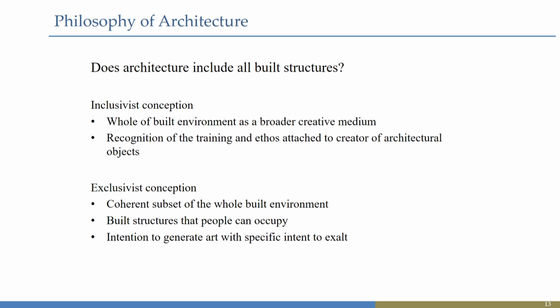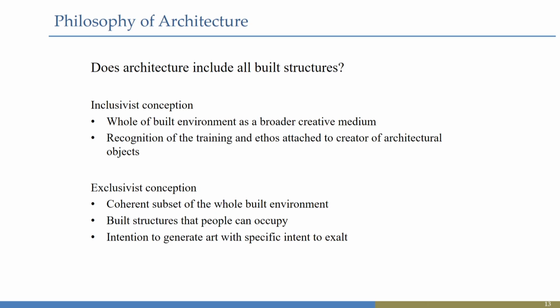So, there is an inclusivist conception and then there is an exclusivist conception. Exclusivist conception means that it excludes certain things: only a coherent subset of the whole built. The entire built environment is not architecture, only a coherent subset.